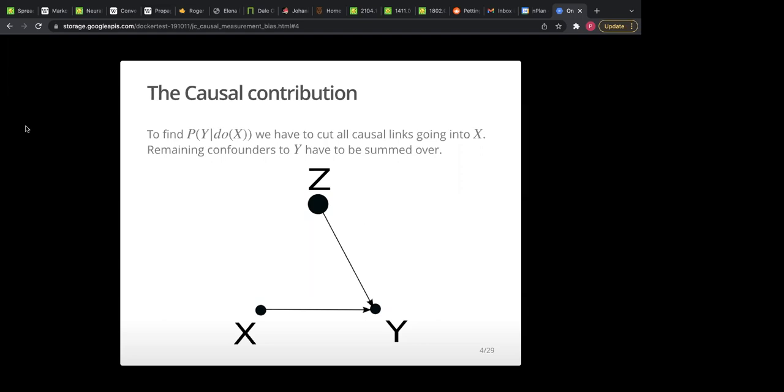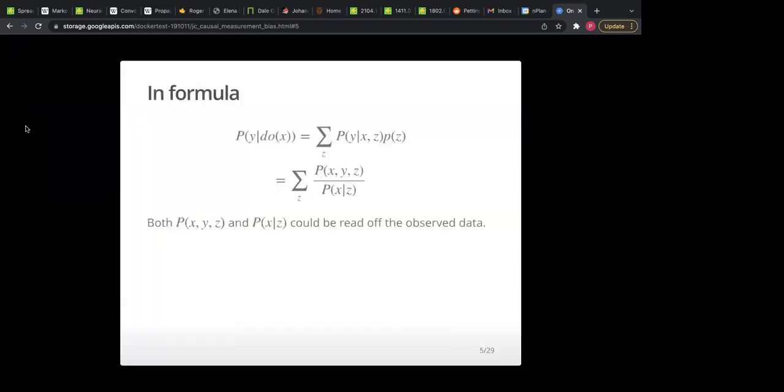Then we sum over all the remaining free variables that are not y, the parents of y, as confounding variables, and check how x affects y given each set of z coordinates.